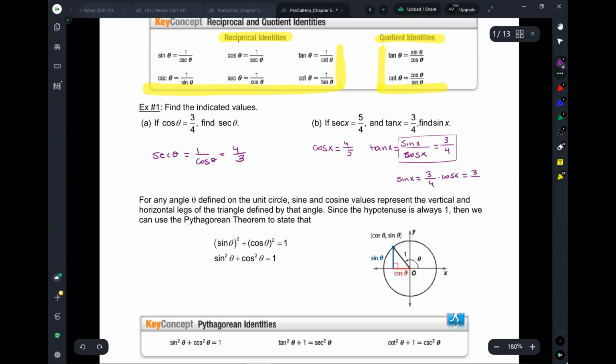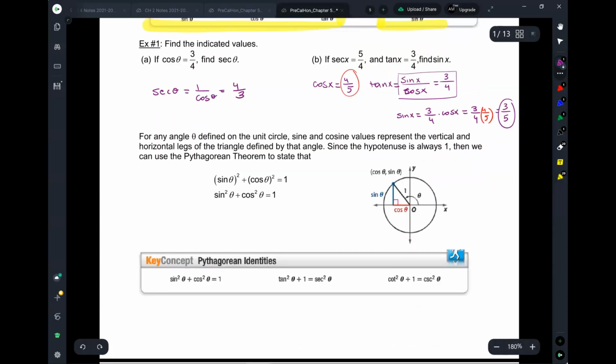And now what's cosine? 4 over 5. So that is 3 over 5. All right, so you basically have to massage the identities to fit into each other. Just restructure them.